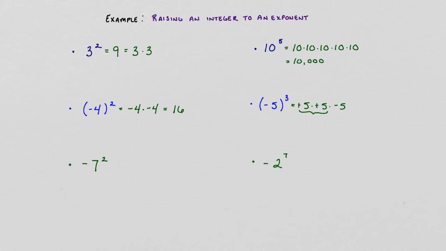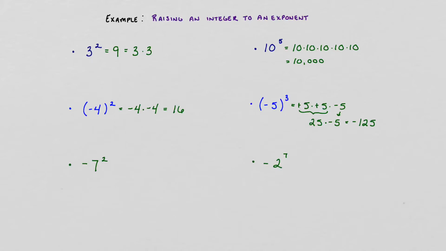A negative times a negative gives us a positive 25, and then we're going to multiply that with the remaining -5. This would then give us -125. So as we can see here, when we raise an entire negative number to an odd power, we get a negative result, whereas in the last problem, when we take an entire negative number and raise it to an even power, we get a positive result.